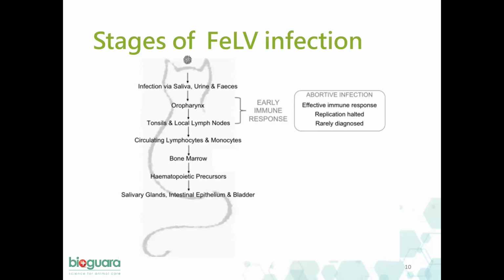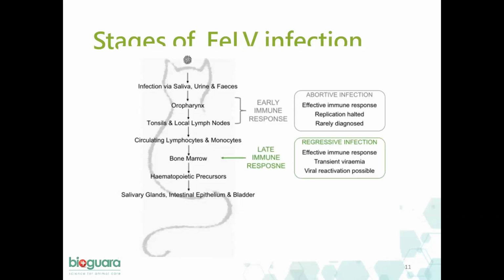The next stage is the regressive infection. During this stage, it's similar to the abortive stage. The cat comes in contact with the FeLV, usually through saliva or nasal secretions from the infected cat.